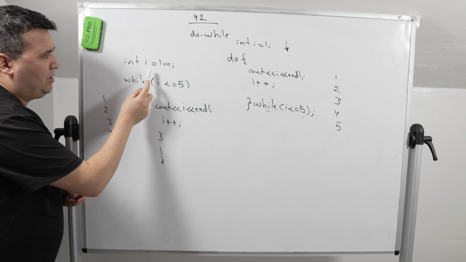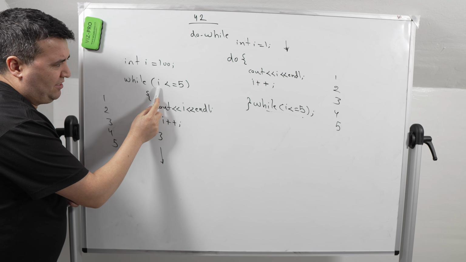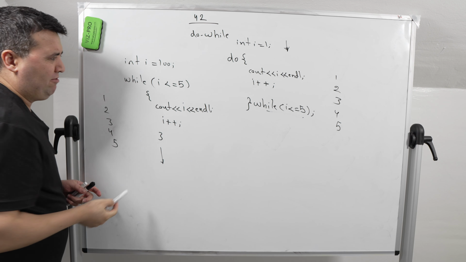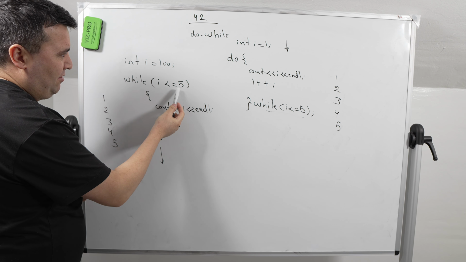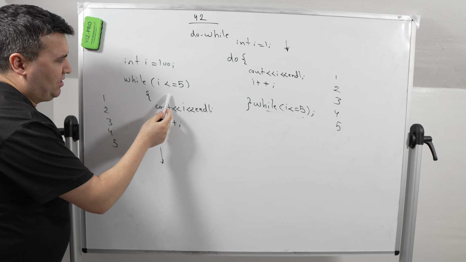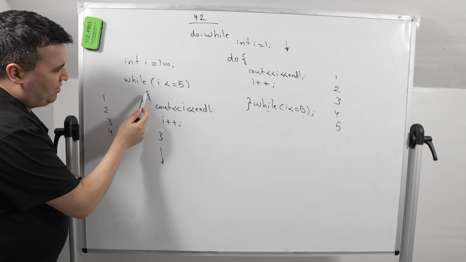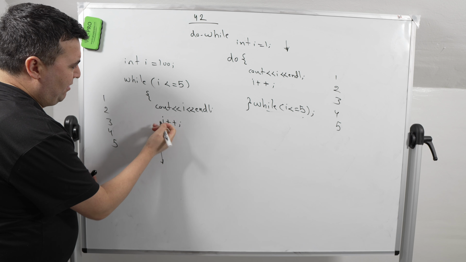Now we check the condition: while 100 is less than or equal to 5? No, of course not. 100 is larger than 5. So the condition here became false at first. When the condition became false, the body of the while loop will not be executed.